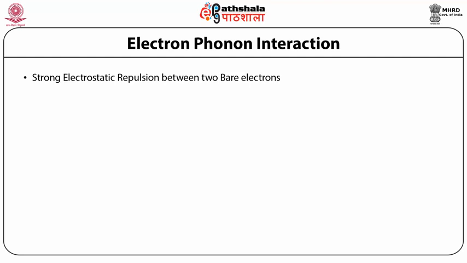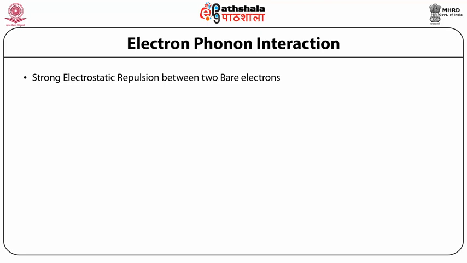So remember that in describing the superconducting state, the BCS theory plays a very important role, which was the first theory, and this theory's basis is electron-phonon interaction. So let us try to understand what exactly this concept is.